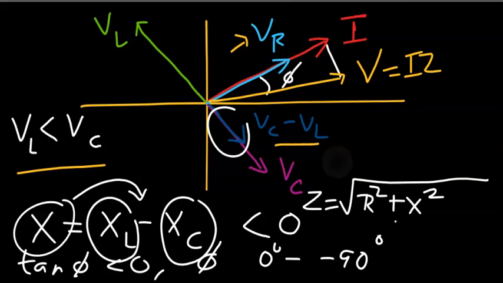So in summary, impedance of an AC circuit plays the same role as a resistance in a DC circuit. However, impedance is actually a function of R, the inductance of the inductor, the capacitance of the capacitor, as well as of the angular frequency of that source.